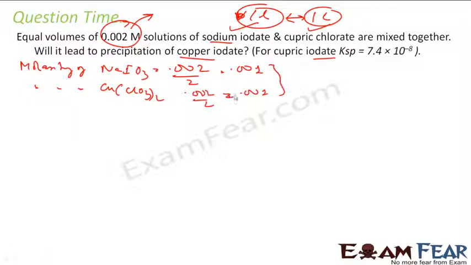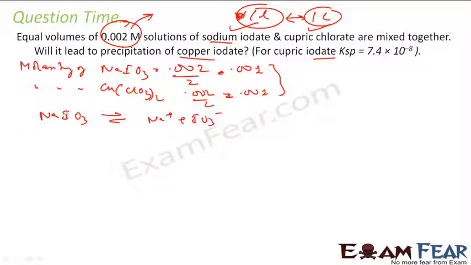Because the volume is doubled now. This had, let's suppose, 1 liter, now 1 plus 1 is 2 liters, so the molar concentration will go down. Now let me solve the equation for NaIO3 first. NaIO3 breaks into Na plus and IO3 minus.